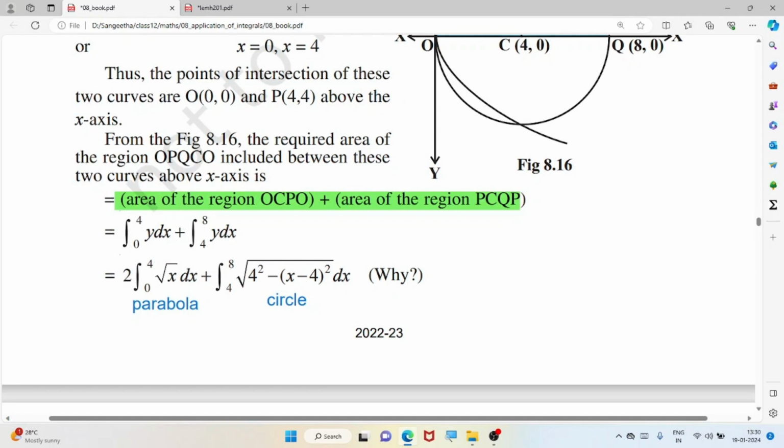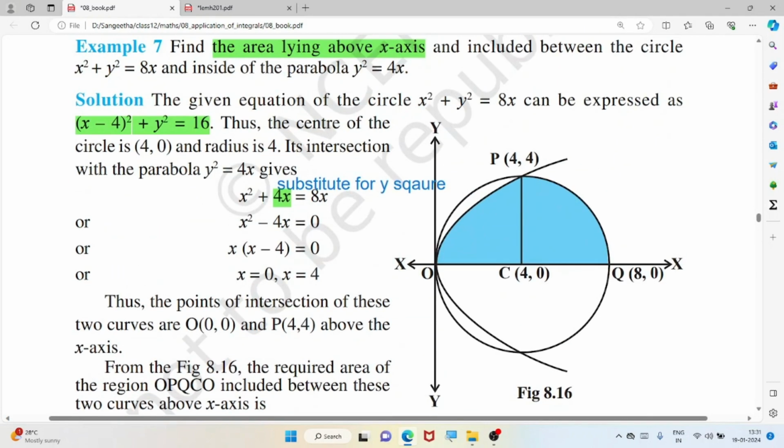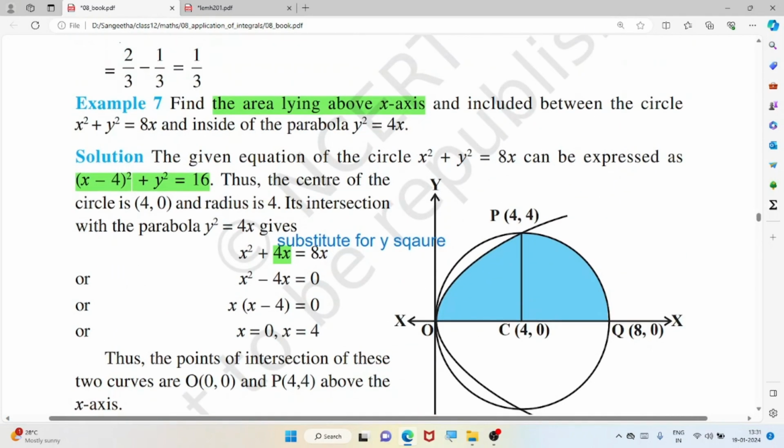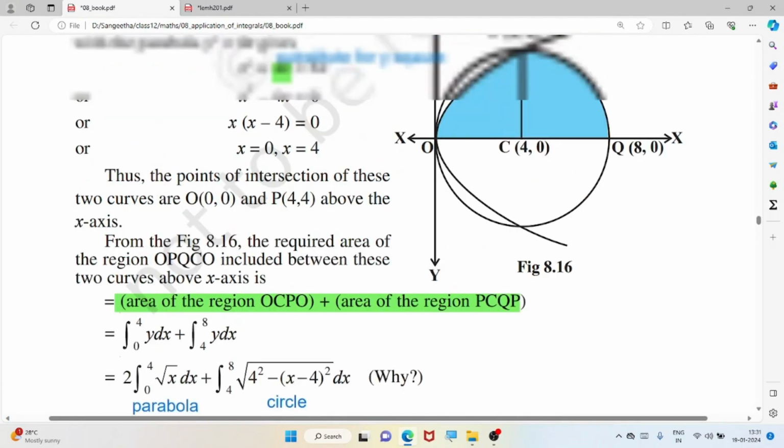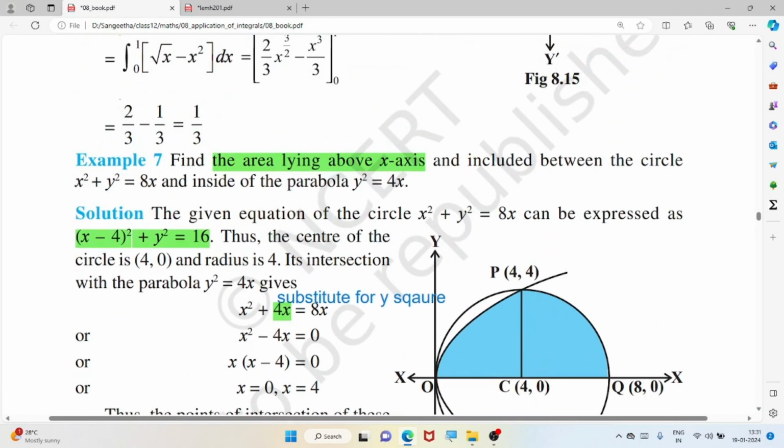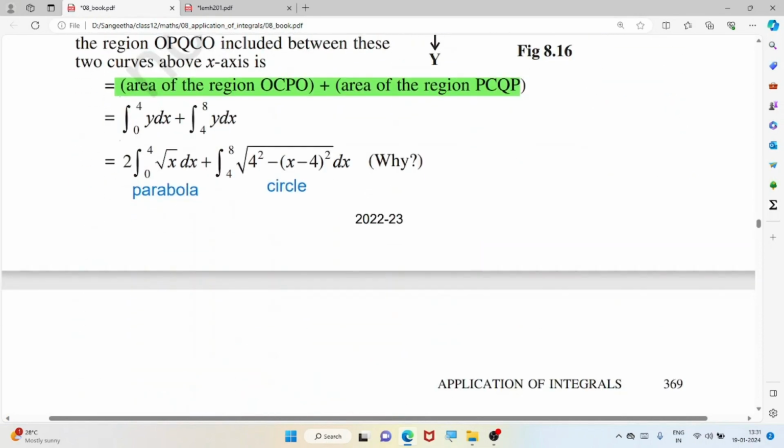This is for the parabola, this is for the circle. From the given parabola and circle equations, they arrived at y equal to 2 square root of x for the parabola.